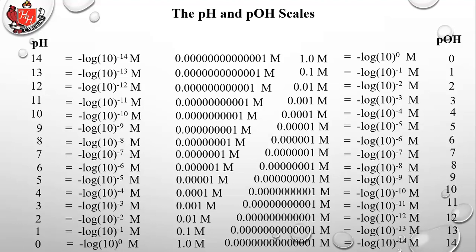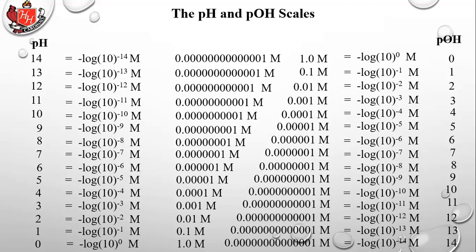So you see that these two are just like mirror images of each other, flipped over. So on the pH scale, 0 is a very strong acid and 14 is a very weak acid. On the pOH scale, 0 up at the top is a very strong base, and 14 down at the bottom of the pOH scale is a very weak base.